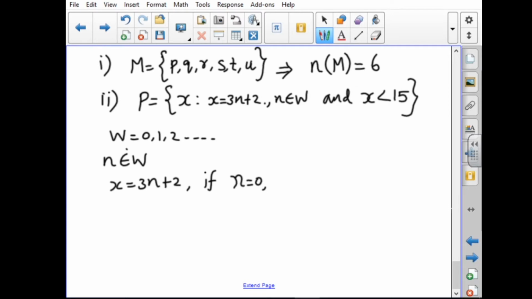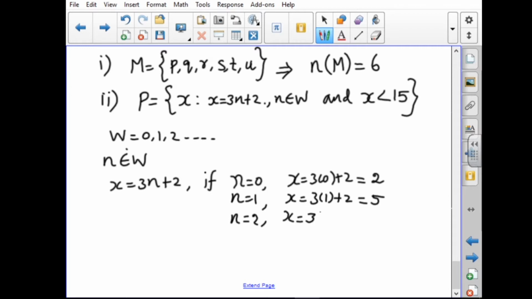So x is equal to 3 into 0 plus 2. What do you get? 2. Suppose n is equal to 1, x is equal to 3 into 1 plus 2, that means 5. Then n is equal to 2, x is equal to 3 into 2 plus 2, that is 3 2s are 6, 6 plus 2, 8.